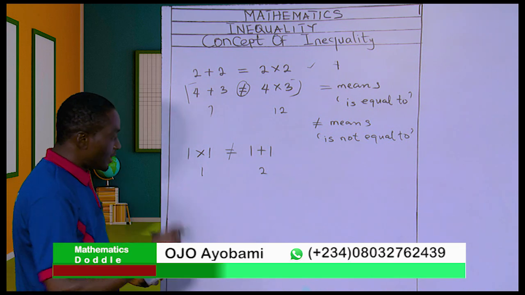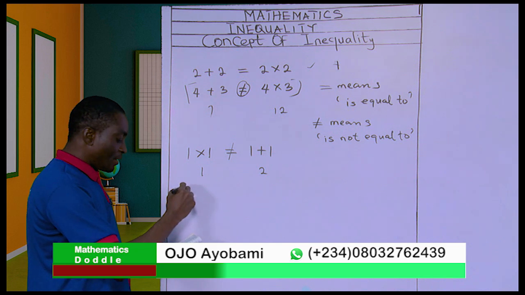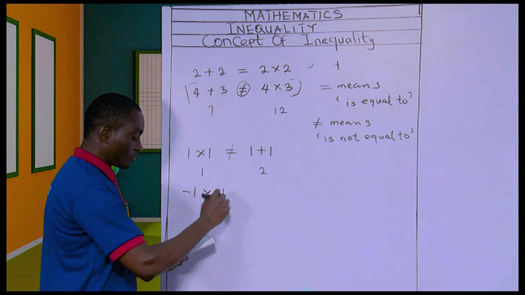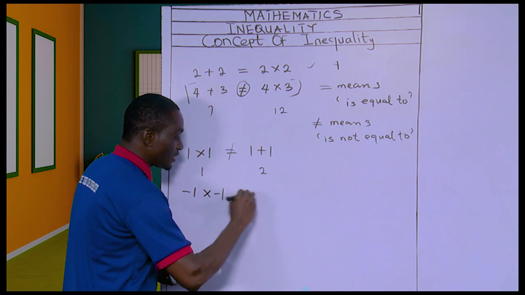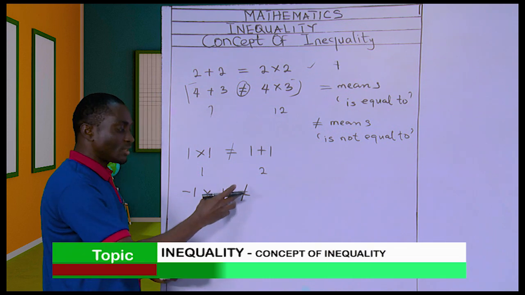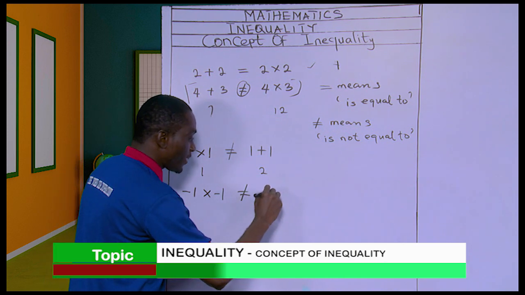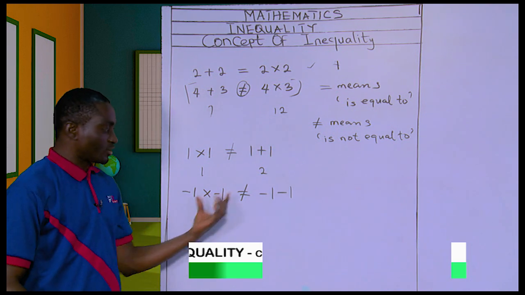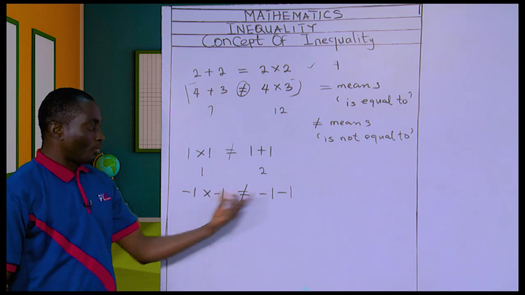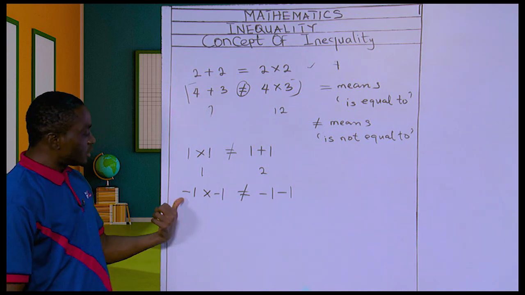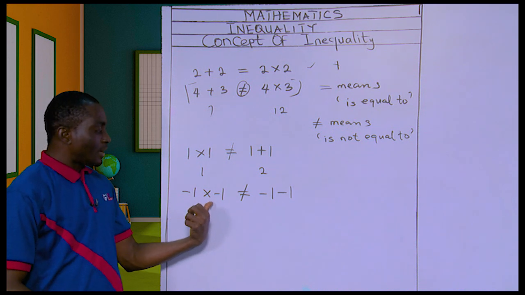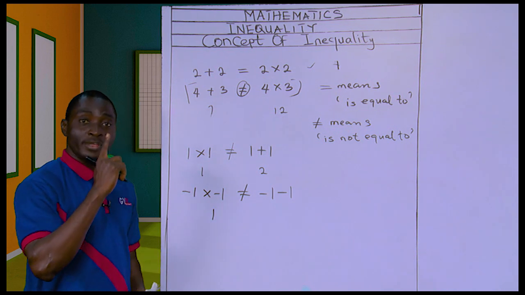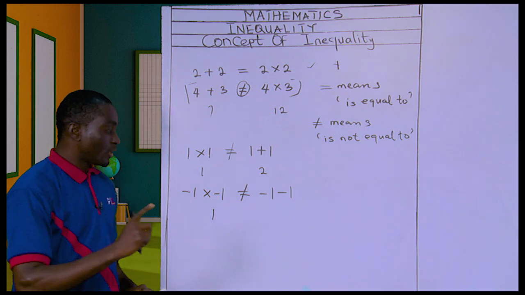Take note of that. Let me bring out another example where we have minus 1 multiplied by minus 1. This also is not equal to minus 1 minus 1. These two expressions are not equal. Why? Because the product of minus 1 and minus 1 will give us positive 1.